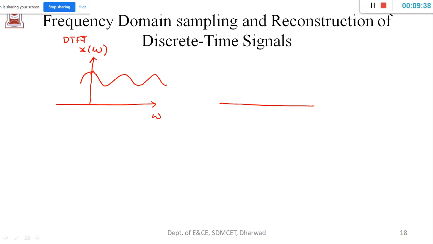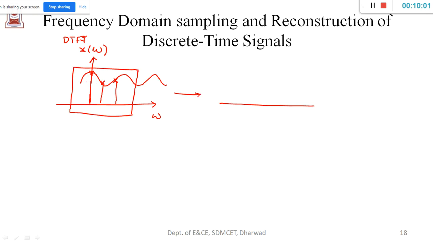Now what we did in the last class, we took individual samples for the period of one cycle. Since this is a periodic signal, it is necessary and sufficient to analyze one cycle, and the rest of the cycles will be the same.